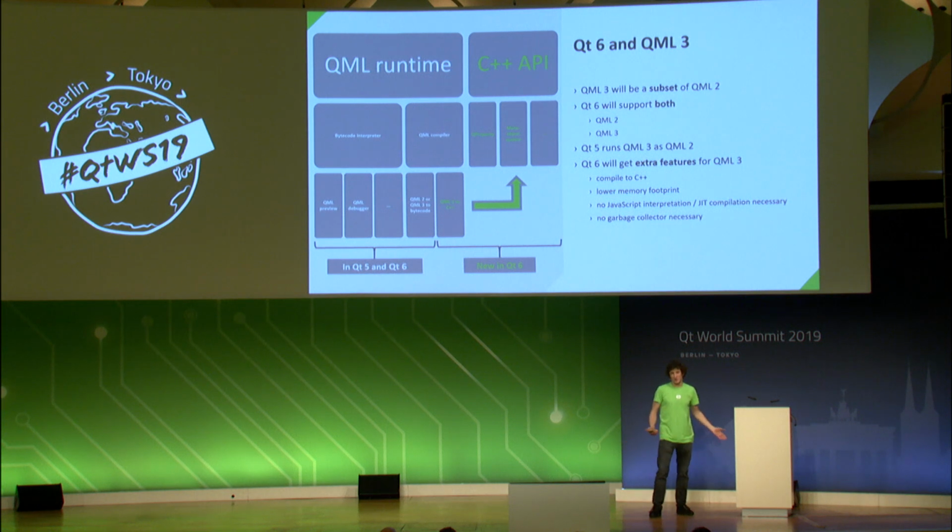You just won't get the new features of QML3 for that. And the QML3 compiler will also be able to generate bytecode, so you will be able to debug or preview your QML3, albeit slower, but that will still be possible. And QML3 will actually be a subset of QML2, so you can start adapting already now.